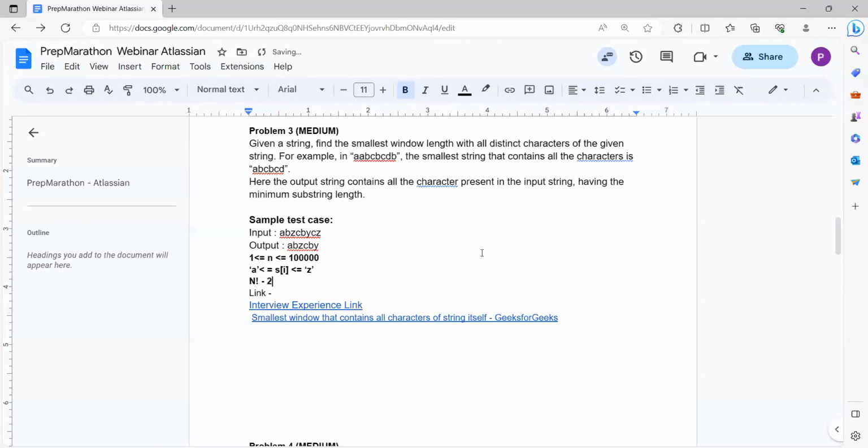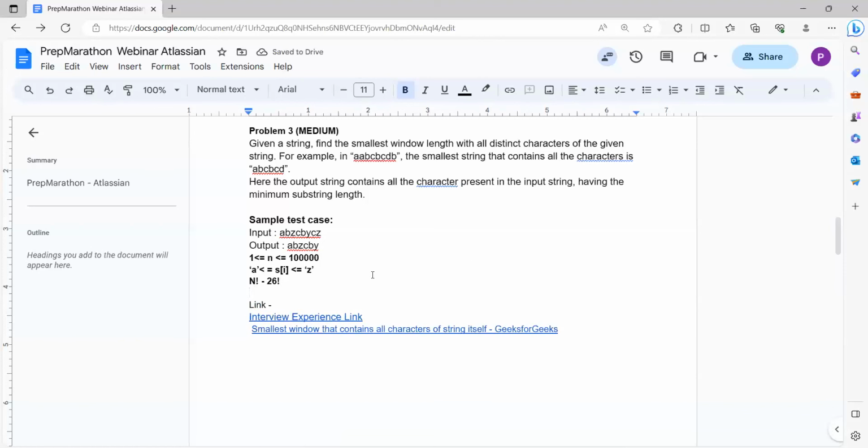So in the worst case, it will be 26 factorial, which we cannot make a program run. Okay, with this time complexity. So this is a very good problem. Try to come up with a logic.